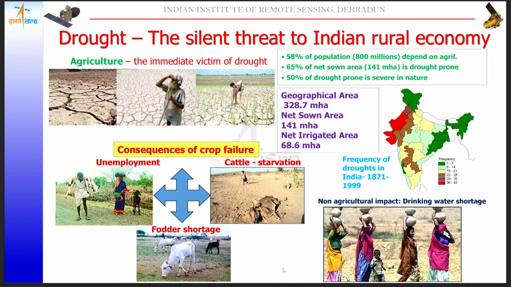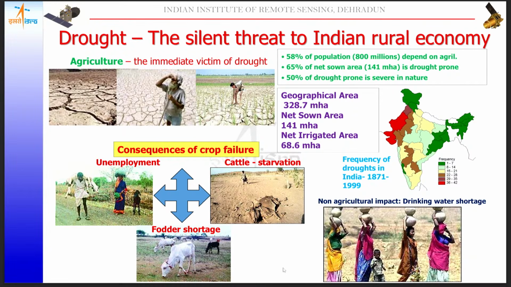There are also a number of consequences of this drought phenomenon: more unemployment in rural areas, a higher rate of cattle starvation, and fodder shortage.